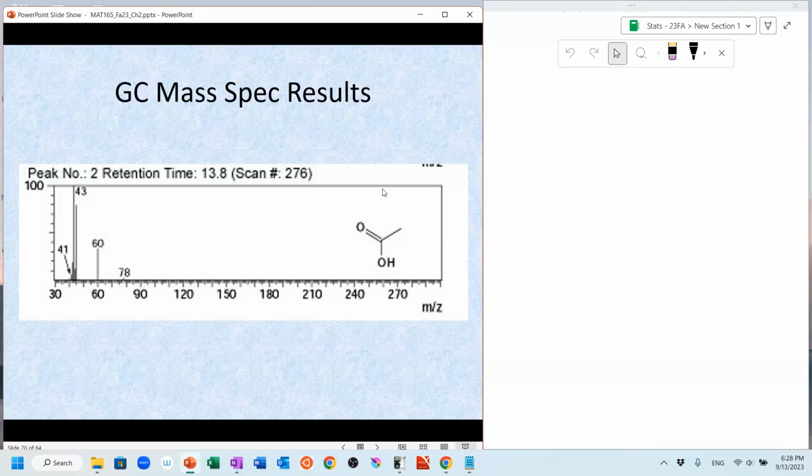And the computer decided that this was the one that matched the best. I think this is acetic acid. So like kind of a ketone, but it's basically one of the main components in vinegar. So this is what acetic acid would look like if you run it through a GCMS.